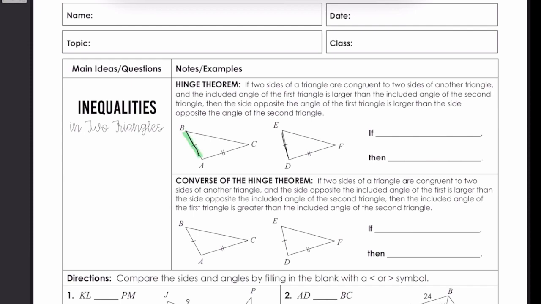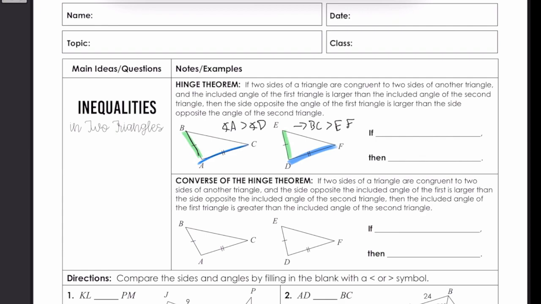Your pairs of congruent pieces are right here, but angle A is bigger than angle D, then you know that side BC will be bigger than side EF because of the relationship between the sides and their opposite angles.